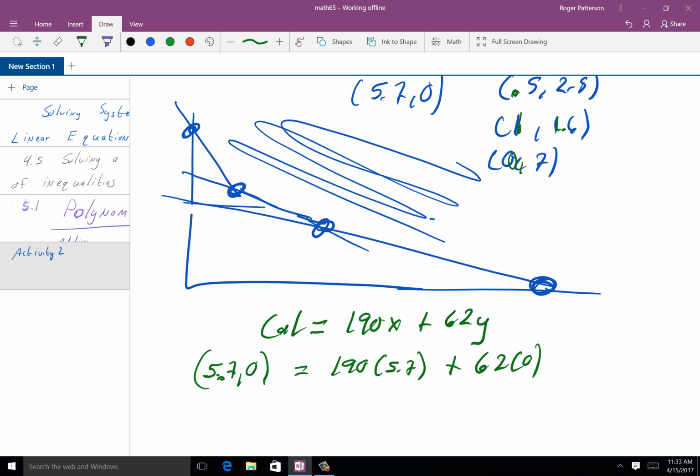Okay, then I need 0.5, 2.5, and put that one in there. I need that number.